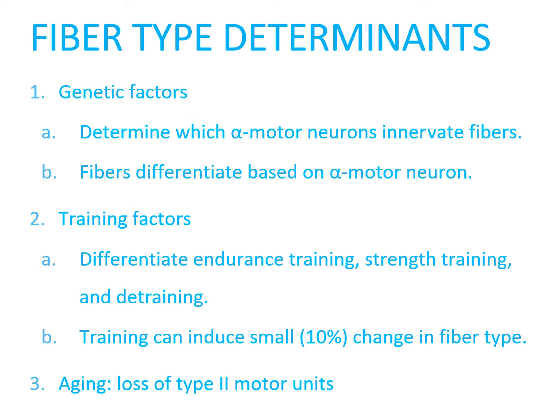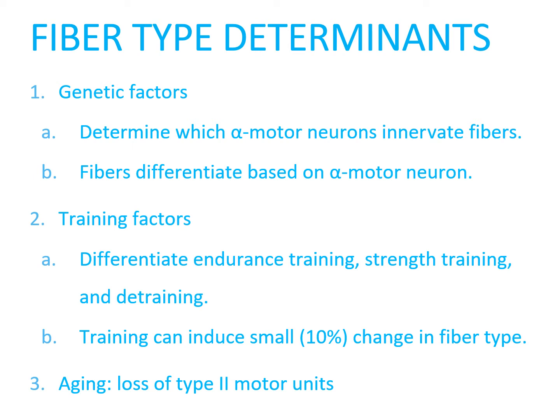So we cannot go from a type 1 muscle fiber to a type 2 muscle fiber. However, I can take that type 1 muscle fiber and make it act more explosively. Or I can take that type 2 muscle fiber and make it act more aerobically. I'm not changing from a type 1 to a type 2 or a type 2 to a type 1, but I am adapting it through training to characteristics that are more like a type 1 or type 2 muscle fiber.